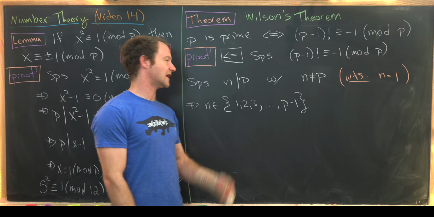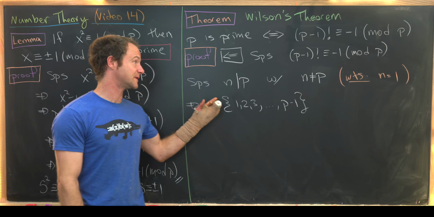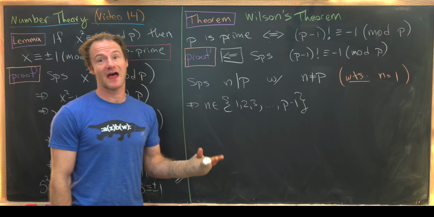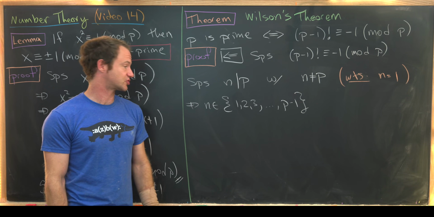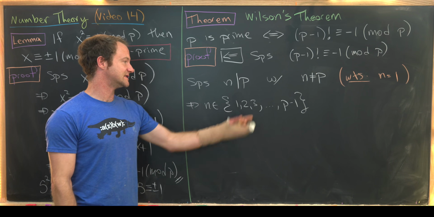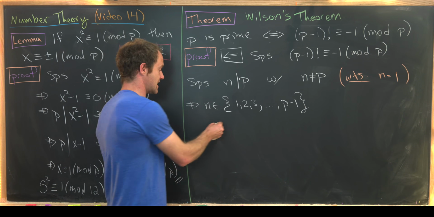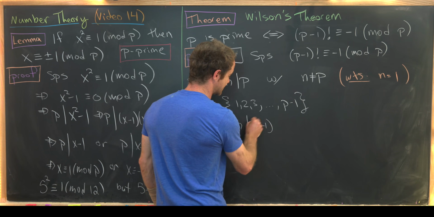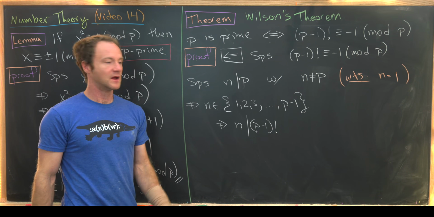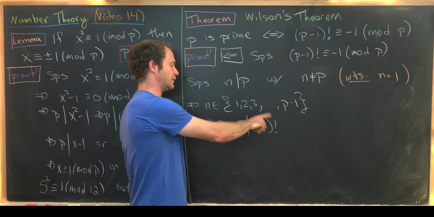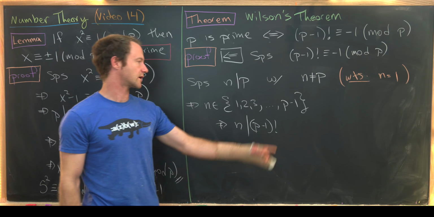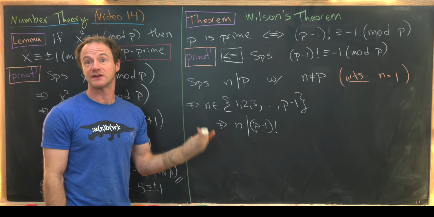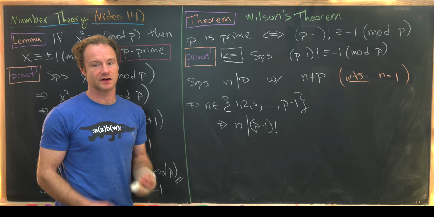The fact that n divides p means that it's less than p, and the fact that it's not equal means that the inequality is strict. But if n is in this set, then it's very clear that n divides p minus 1 factorial. Because n is in this set, when we compute p minus 1 factorial, at some point we will have to include n in that product.